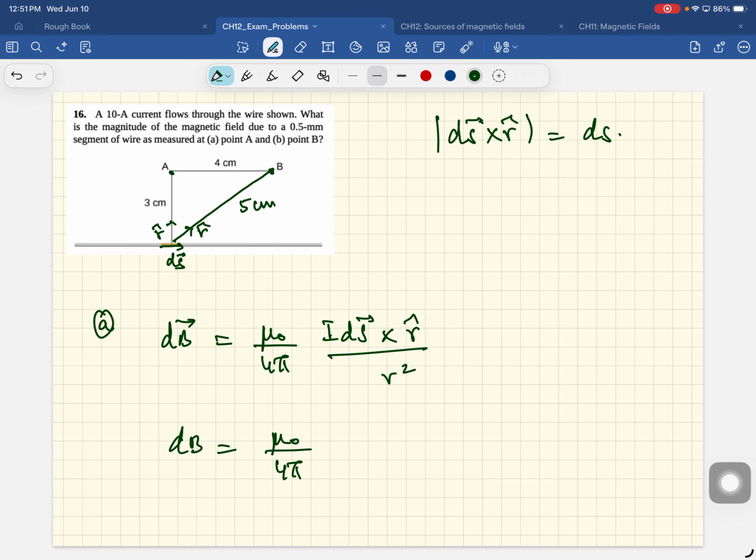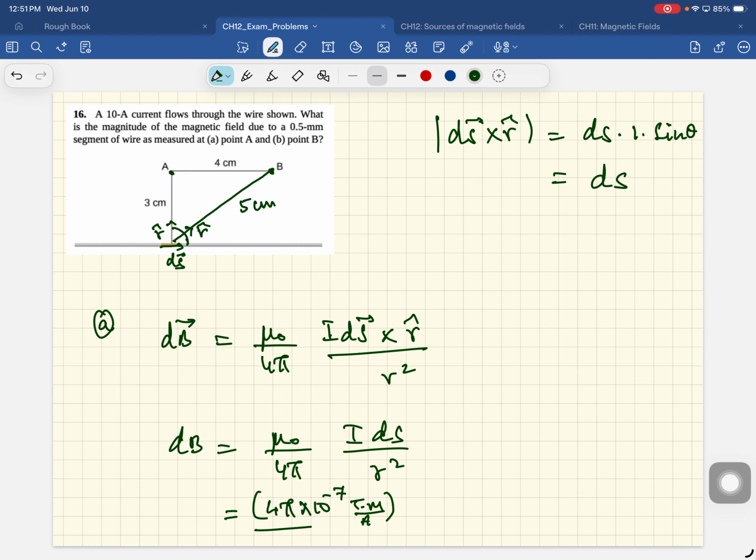So the magnitude dB is just the magnitude of this, divided by r squared. ds is 0.5 millimeter and r is 5 centimeters. So you can calculate that.